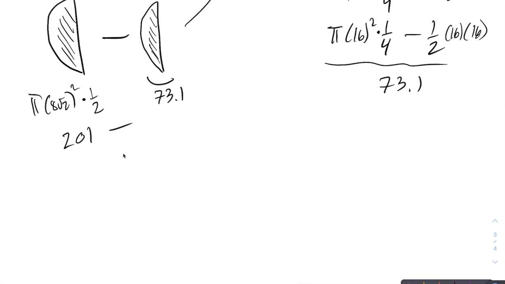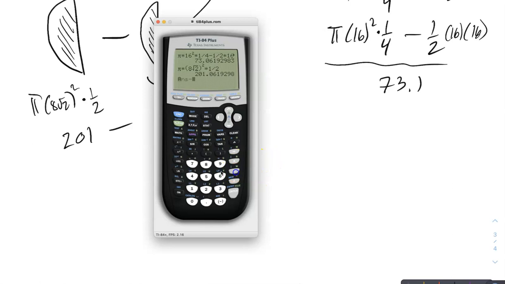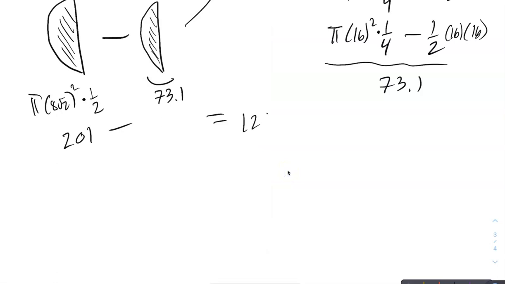Then we subtract off the 73.1 and we get our final answer. 127.96, 3 sig figs, about 128. And there we go.